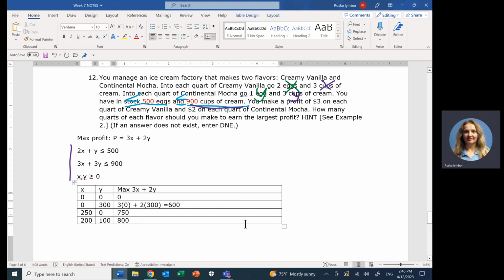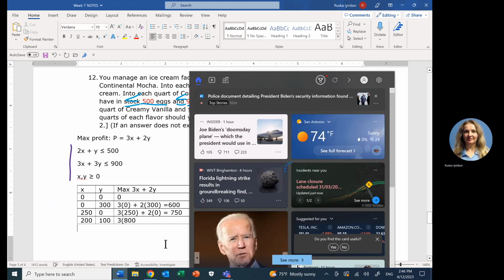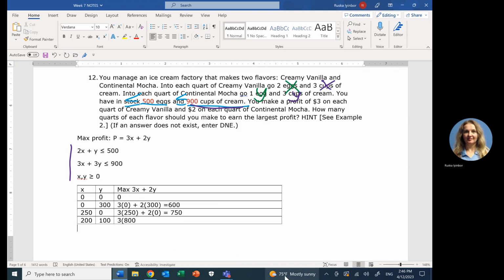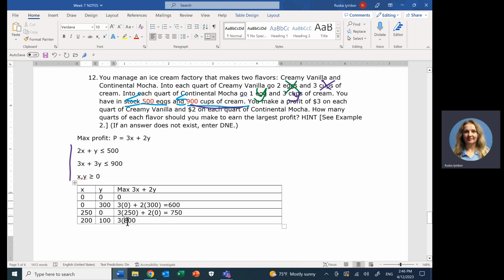Then we get 750 when I get 3 times 250 plus 2 times 0. You plug it into that function. That gives us 750. We get 800 when you do 3 times 200 plus 2 times 100. And that gives us 800.